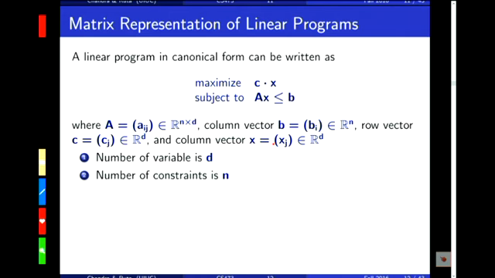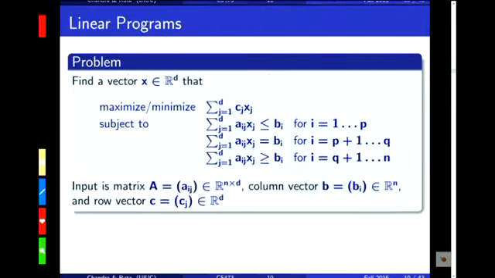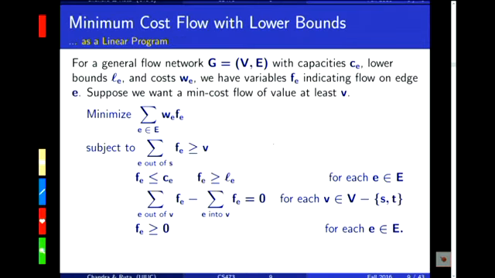Okay, suppose I want to minimize C dot x. How do I convert it to maximization? Suppose in the original problem, like the min cost flow, that was minimization, right? Remember? This is minimization. So we now know how to convert this to less than or equals.